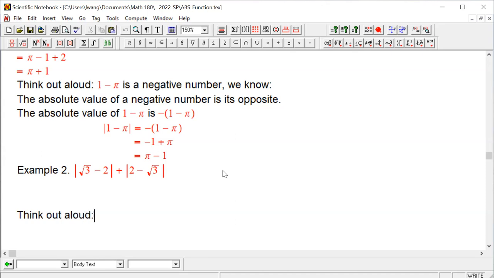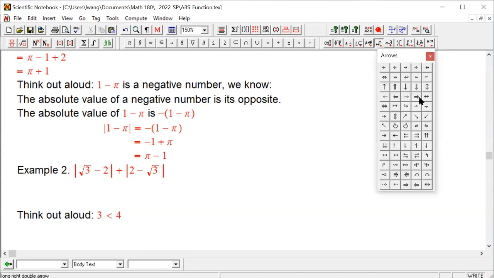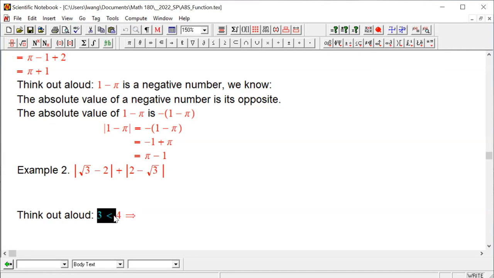This is basically the scratch paper, right? How do I know? Because I know that 3 is less than 4, right? If 3 is less than 4, then I take a square root on both sides.